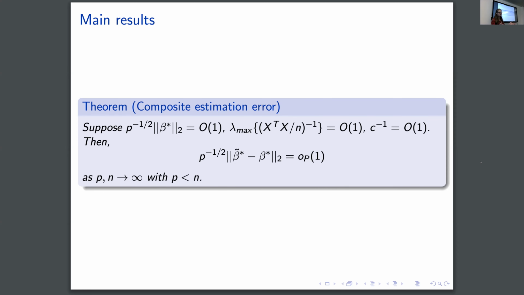So all we're assuming is you can have correlation between covariates, but don't let them become identical in the limit. All we're assuming is this inverse is always going to exist, and that eigenvalue is not going to blow up. We divide by n, and then raise it to a power.